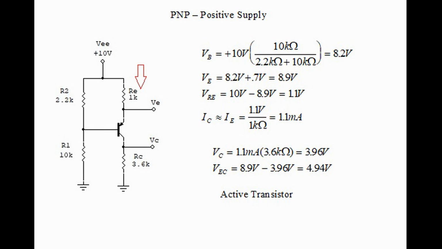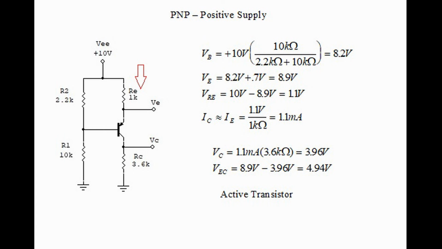Remember, we must always think in reverse. Also, since we're going in the opposite direction of the arrowhead, indicating the diode, we add 0.7 volts. We continue by saying that VRE is equal to 10 volts minus 8.9 volts, that equals 1.1 volts. And then collector current, which is approximately equal to emitter current, is 1.1 volts divided by 1 kiloohm, that equals 1.1 milliamp.